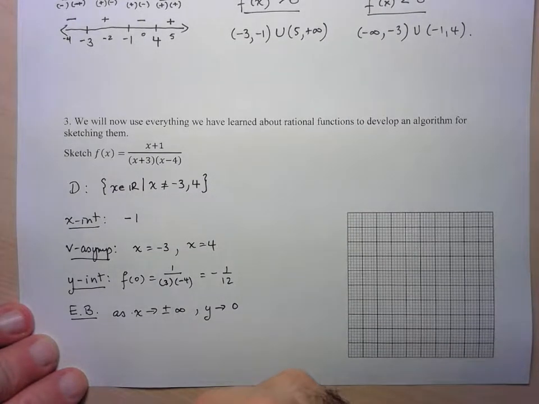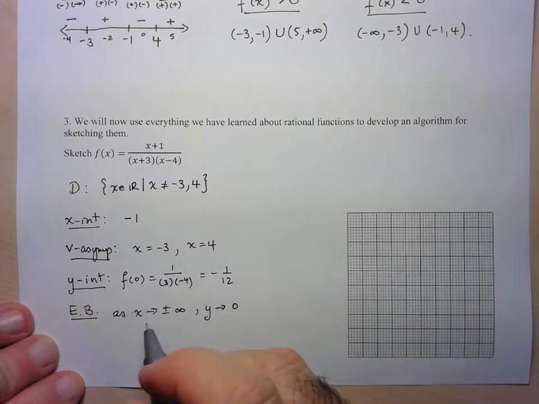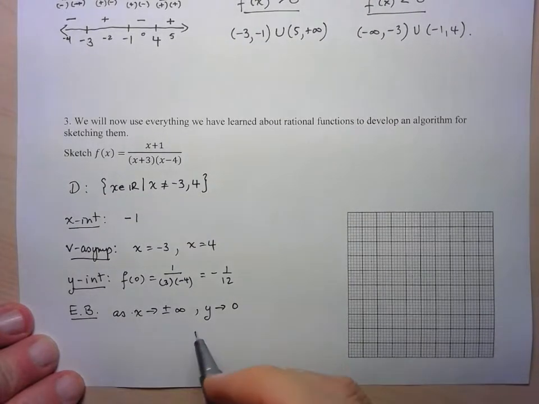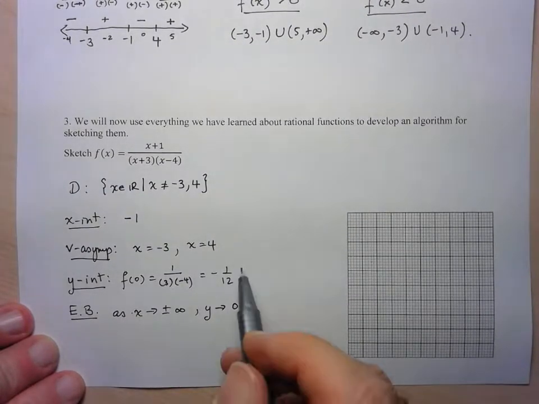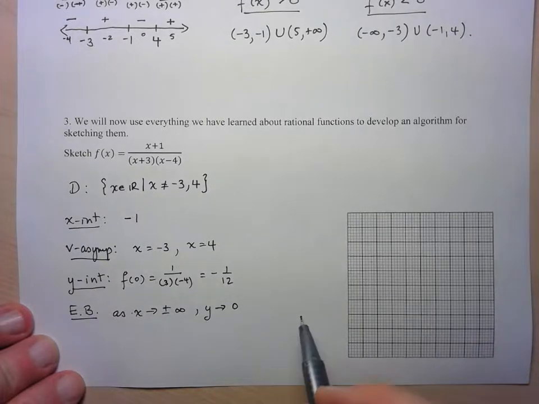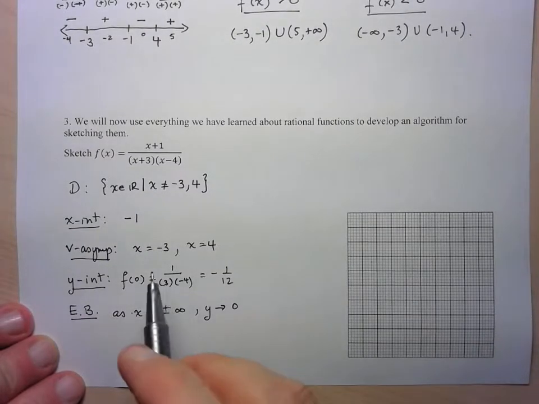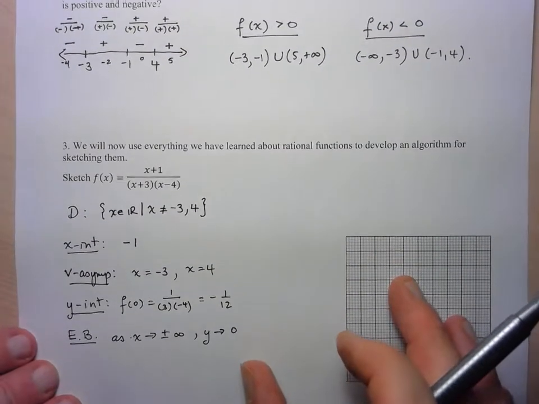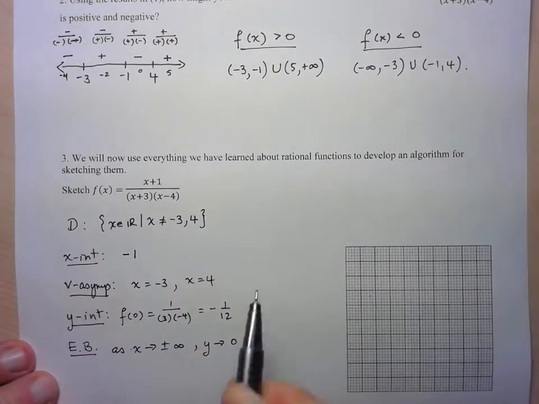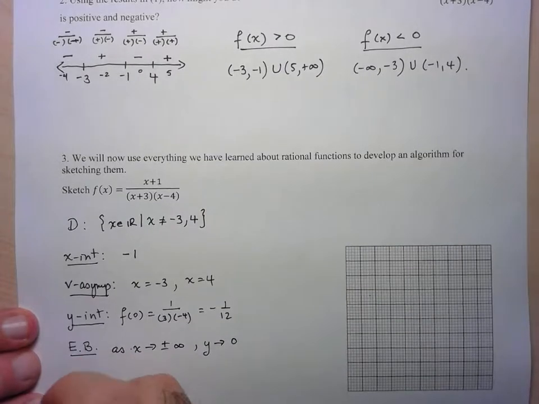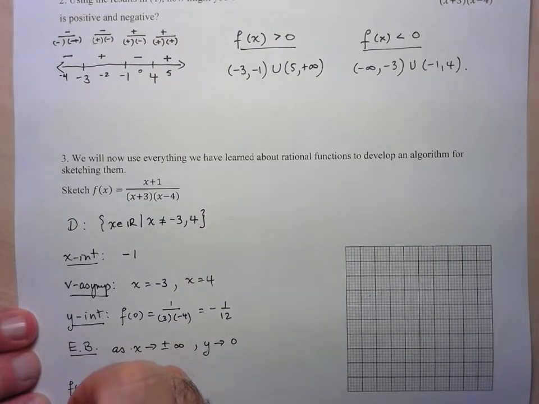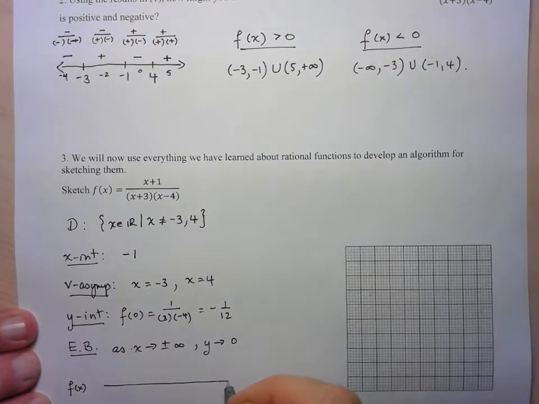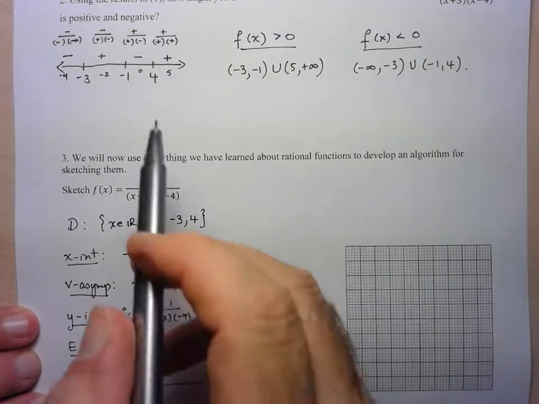However, the other thing that's going to be helpful for drawing the graph is whether this is approaching 0 from the positive side or from the negative side. Well, what's going to help us with that is to determine the sign of this function. Now, we've already done the work for that back in number 2. So the next thing that you want to determine is the sign of your function, and we went through that process.